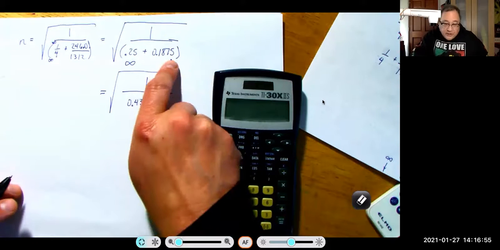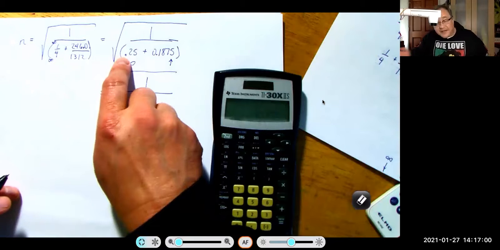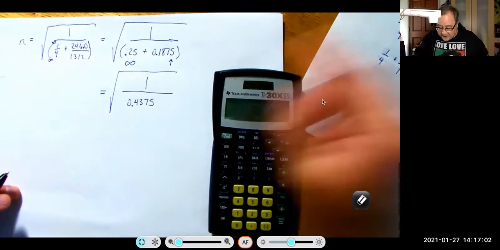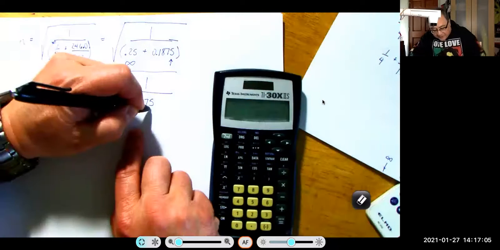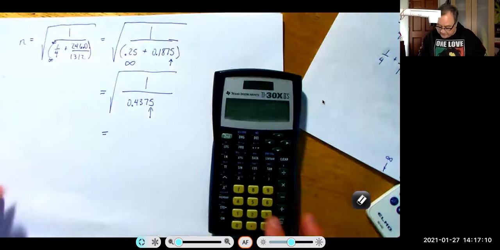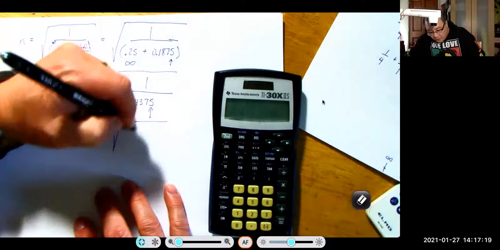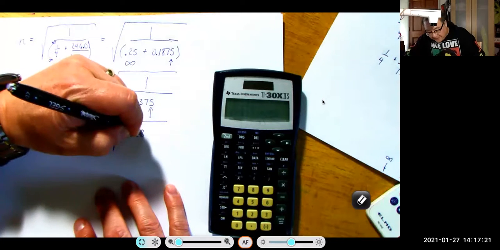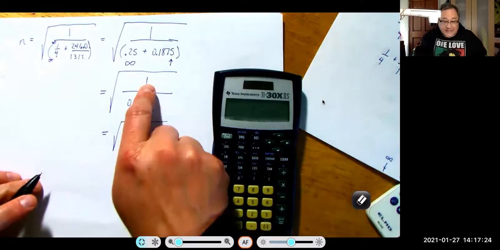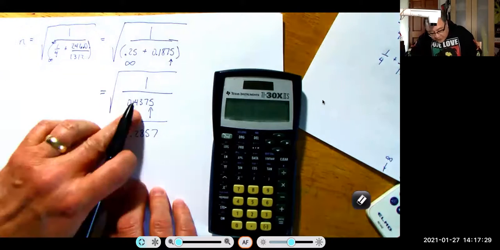Since this is good to the 4th place over from the decimal, and this is good to infinity places over to the decimal, this is good to 4 places over from the decimal, which is right here. So now when we do this, my calculator gives me 2.2857. This one is exact, infinity sig figs. This has 4, so this is good to right here.